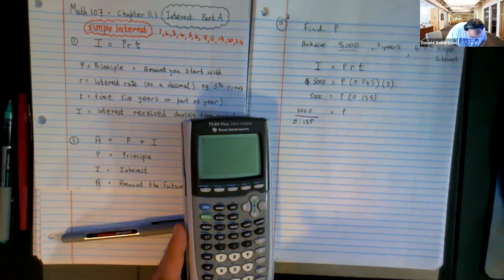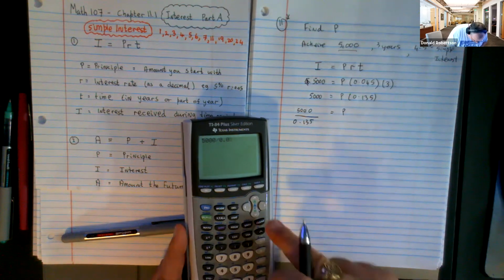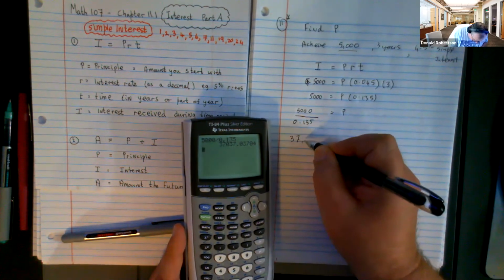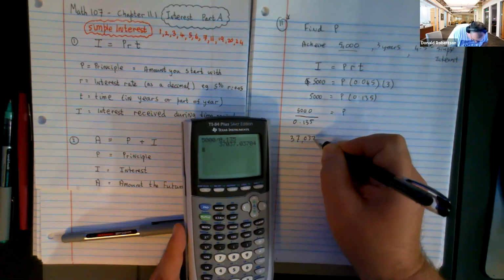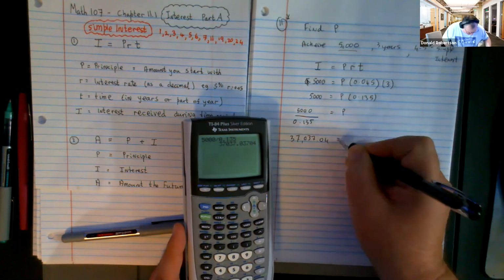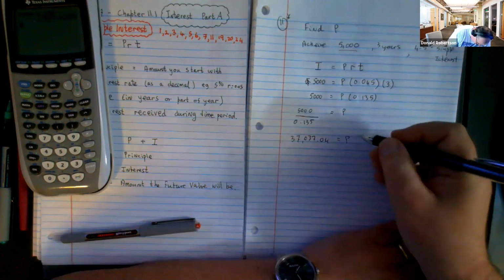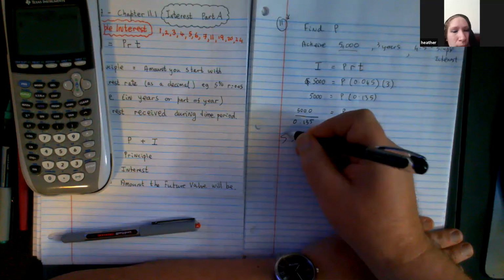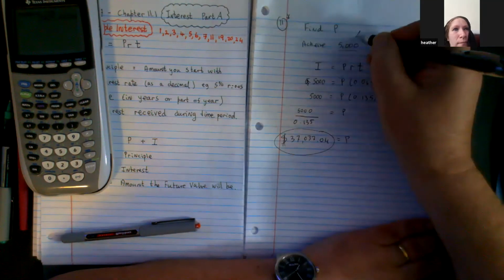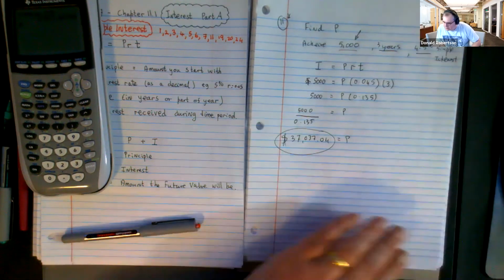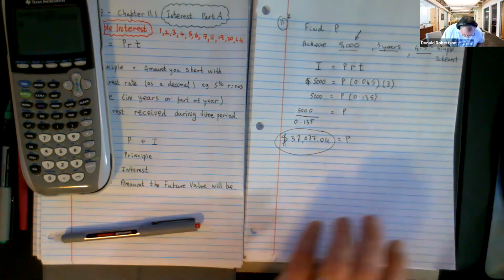And we have, and 4 cents. Now, if I read this question correctly, I would need to have that amount of money to get that interest in 3 years with that interest rate. Right. So that's how I'm reading that question.